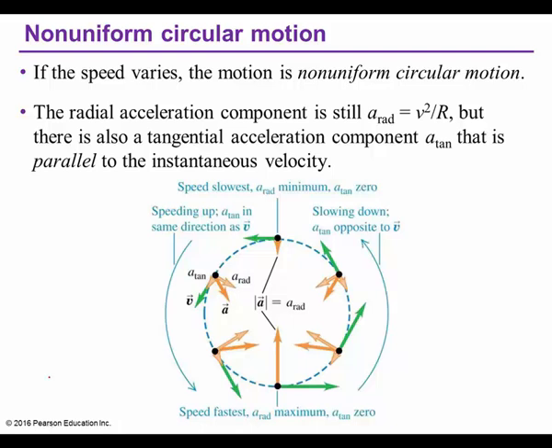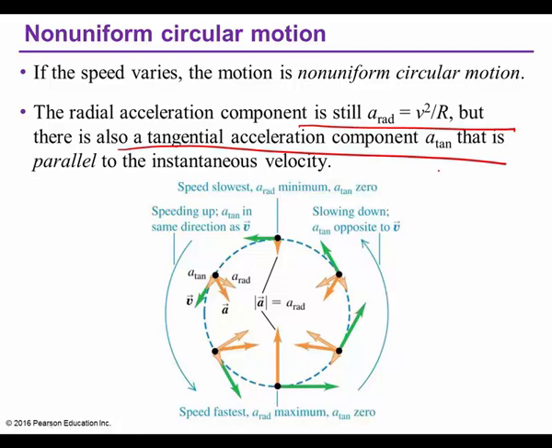What about non-uniform? Well, non-uniform, notice it says the radial component is still this, but we have what is called tangential acceleration. That is parallel to the instantaneous velocity, okay?